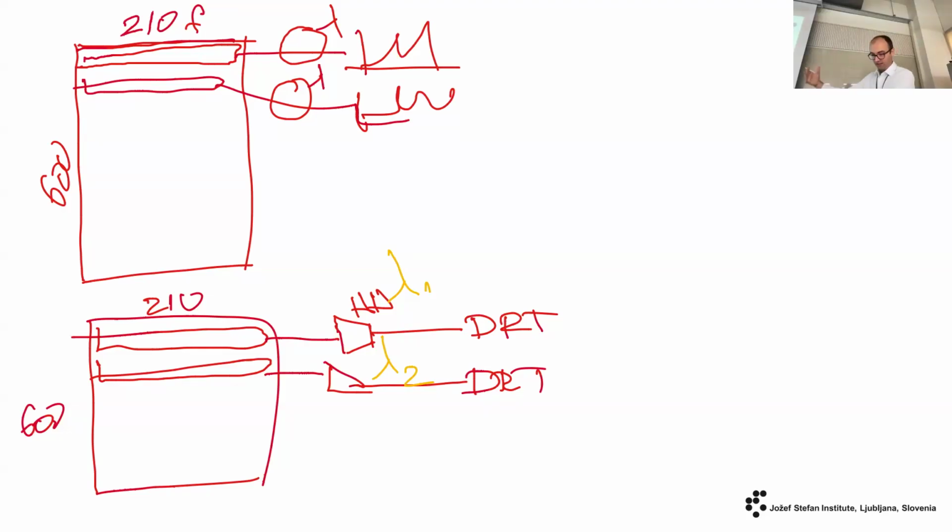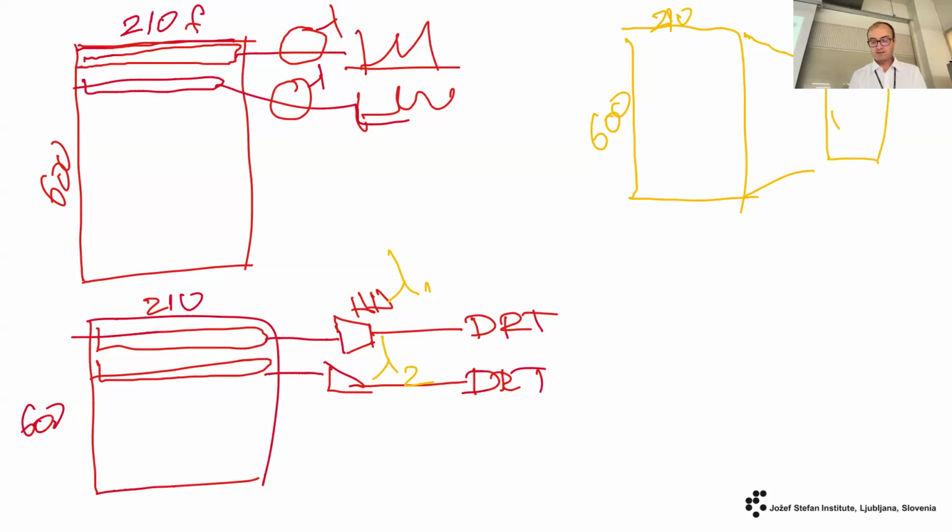What I'm presenting here is that we take all 600 ice curves, each with 210 points, and learn all DRT curves at once. So one neural network learns 600 DRT curves from the get-go, the whole experiment.